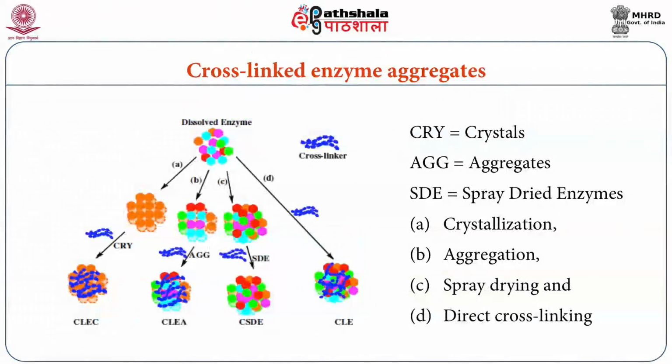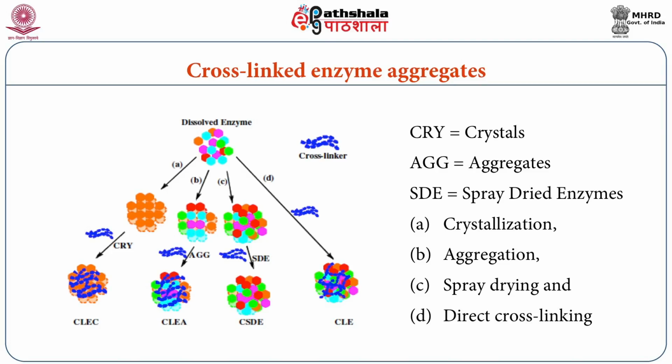In this slide, we can see the diagram which describes the process of cross-linking enzyme aggregates. Here again we can see 4 different methods for getting cross-linked enzyme aggregates. First is A, that is crystallization. So, by means of crystallization of these enzymes, we can get a very good cross-linked enzyme aggregate which can be used.